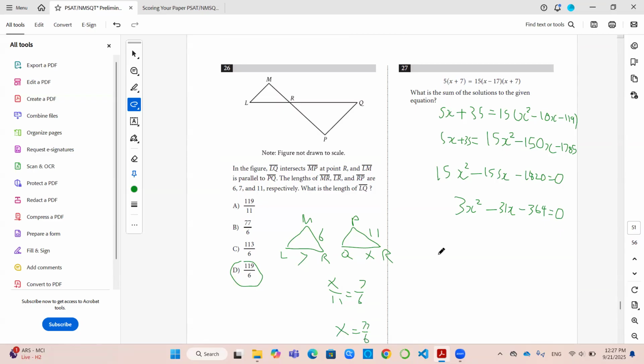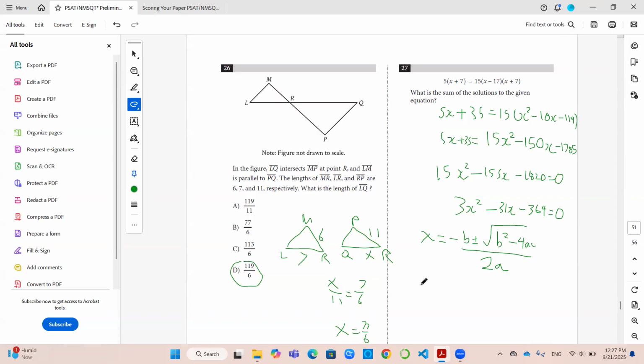And if you solve for this, since it's asking for the sum of solutions, I can go ahead and discard whatever the square root is because it's going to cancel out.